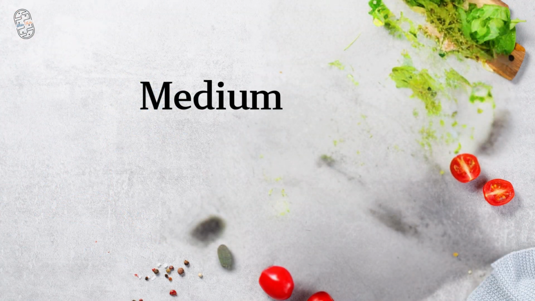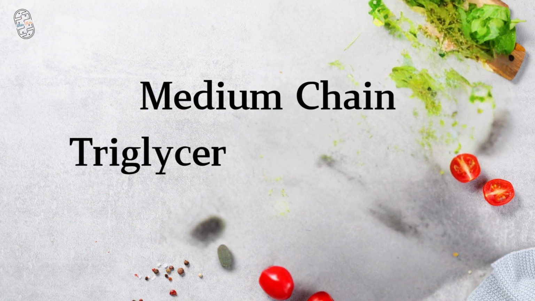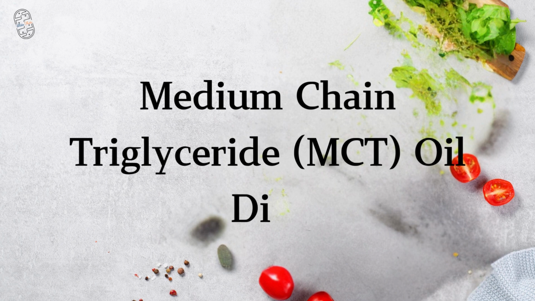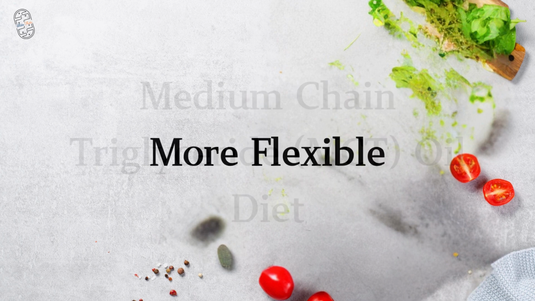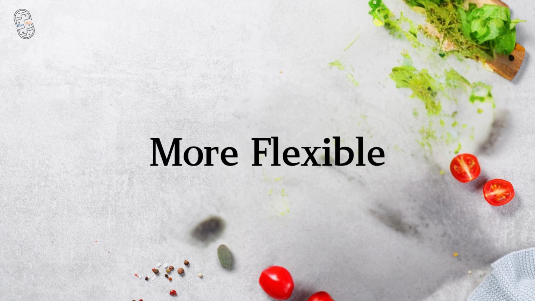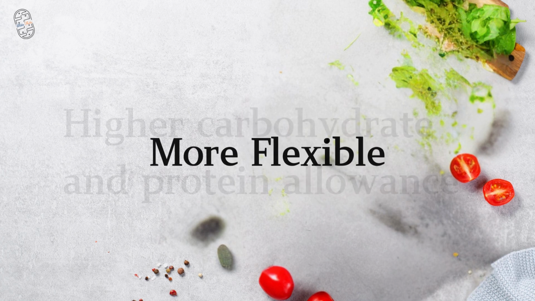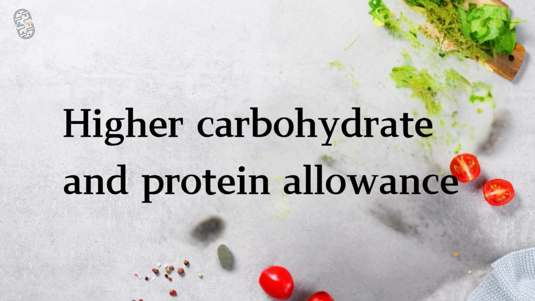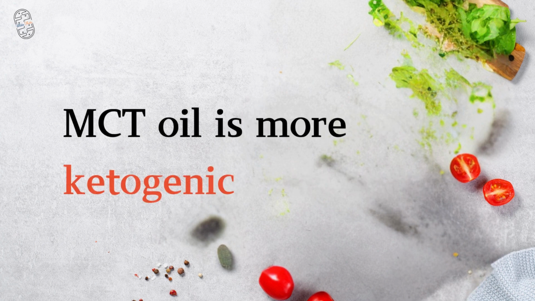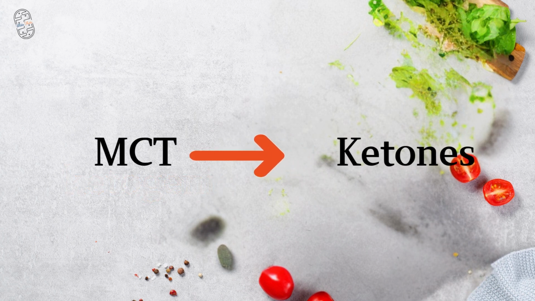The medium chain triglyceride oil diet is another less restrictive approach to the ketogenic diet. The MCT oil diet is more flexible and allows a larger variety of food to be included due to higher carbohydrate and protein allowance, with a rough macronutrient ratio of 2-to-1. MCT oil is more ketogenic than long-chain fats, with certain MCTs bypassing the liver and converting directly into ketones.